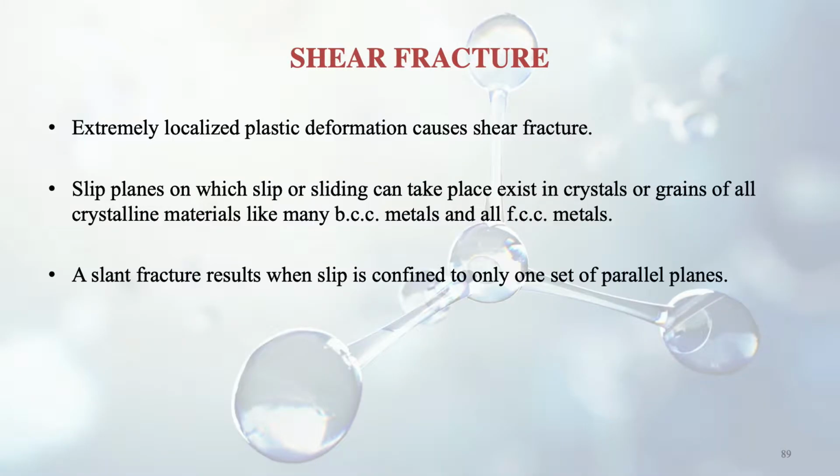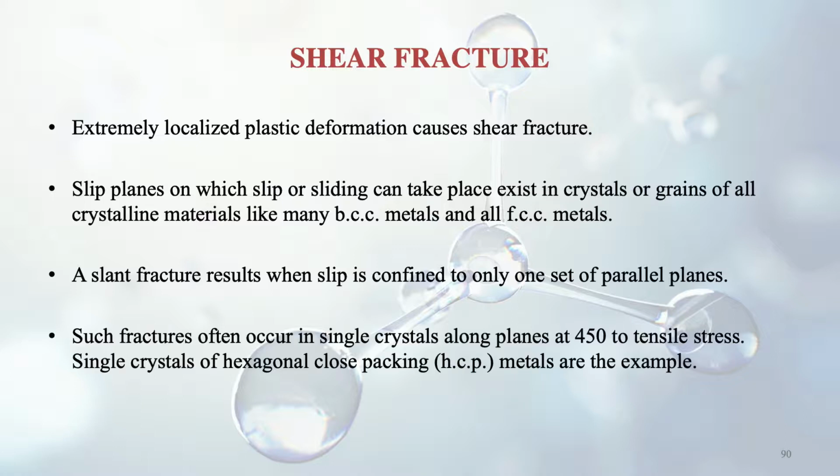As shown, a slant fracture results when slip is confined to only one set of parallel planes. Such kinds of fractures often occur in single crystals along planes at 45 degrees to the tensile stress. Examples of this are the hexagonal close packed metals.